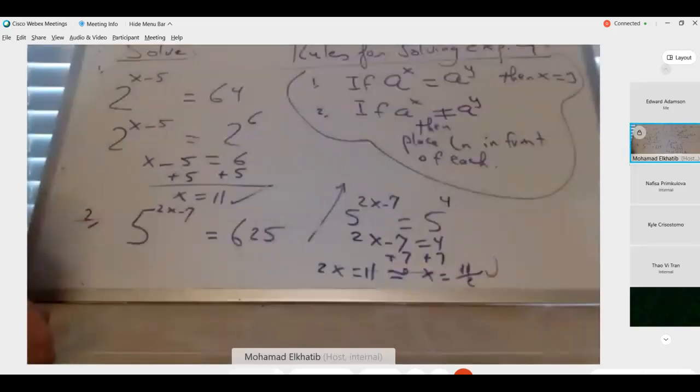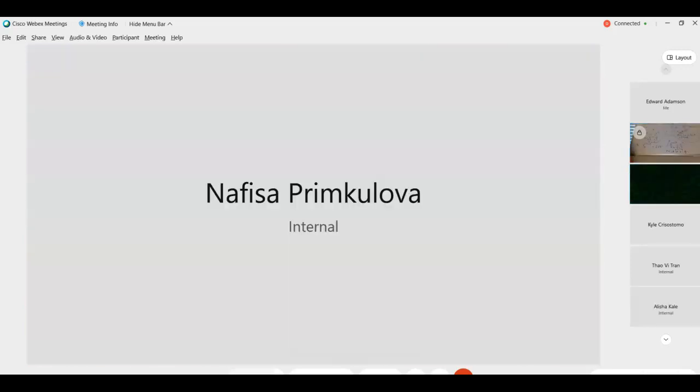I am confused between log, ln, and e. I want to clarify what each one represents and what the difference is. Okay, log base e, we call it ln.